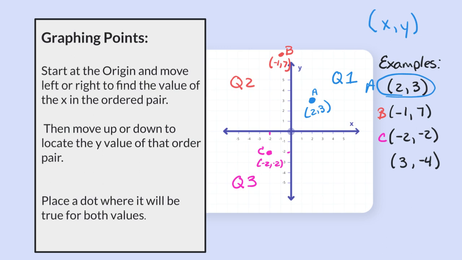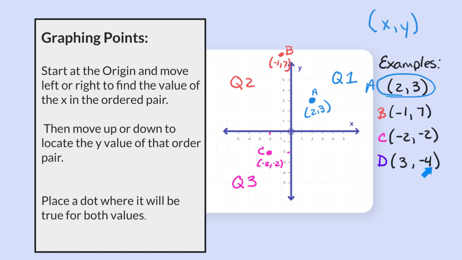So grabbing one more color here I haven't used yet. Let's go purplish color. So I have D. Again, if I want to graph 3, -4, so my x value is 3, so I need to find 3 on the x line. So start at the origin, go to 3. 3 is going to be to the right, so right here is 3.